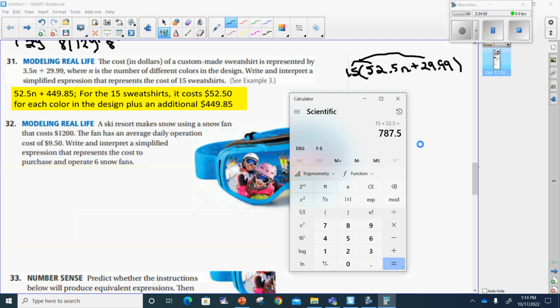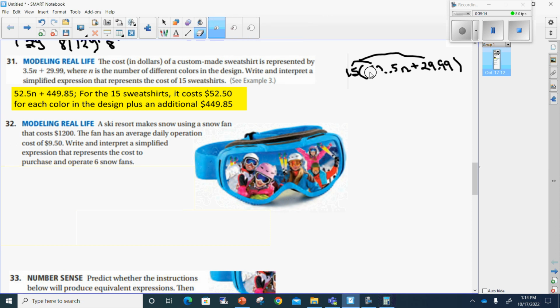I'm having to start to reevaluate myself. Oh my gosh. Okay. That was my mistake. This should not be 52. It should have been 3.5n. All right, so let's rewrite that. And I apologize, I wrote the wrong number. It should have been 3.5.